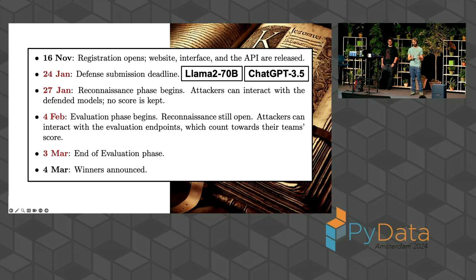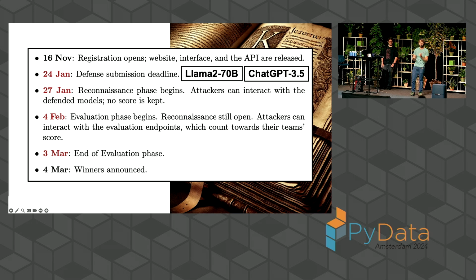And after these 10 attempts, the defense was closed, and you lost the flag. So you were not able to get the flags. So this was, well, 4 weeks from the 4th of February to the 3rd of March until the evaluation phase ended.